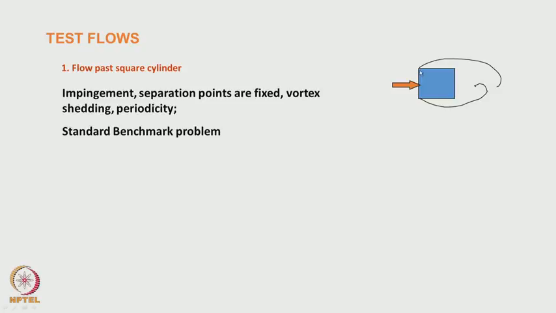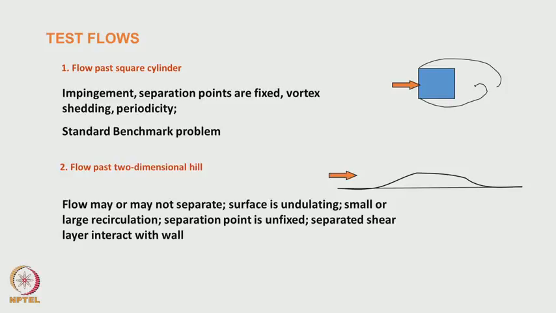We have already seen in a square cylinder the separation points are fixed and there is a shear layer separation and vortex shedding happens. There is a periodicity associated with the shedding and the frequency of that vortex shedding is also important. This is a standard benchmark problem.